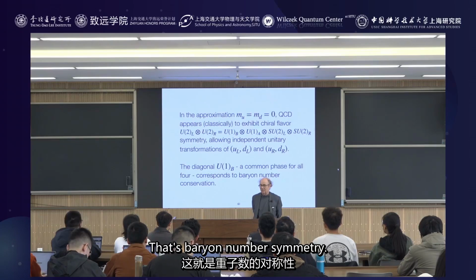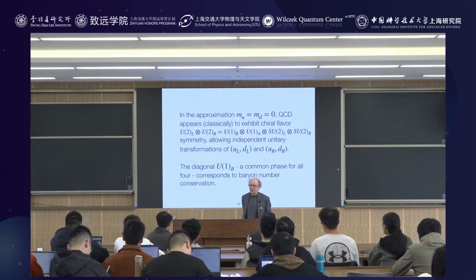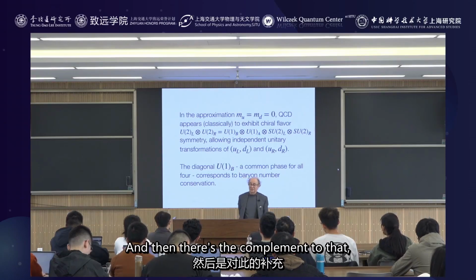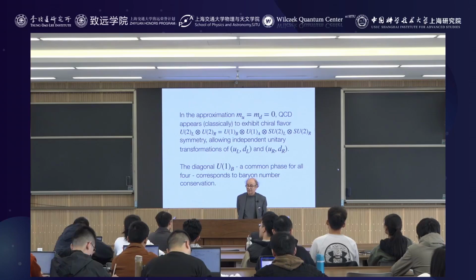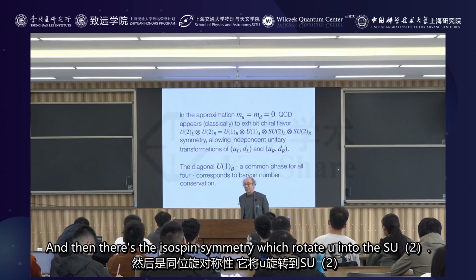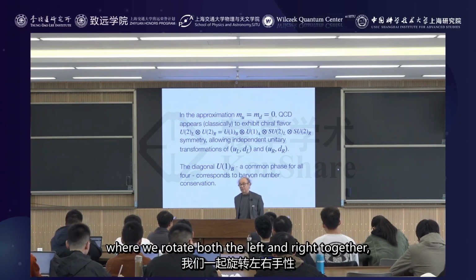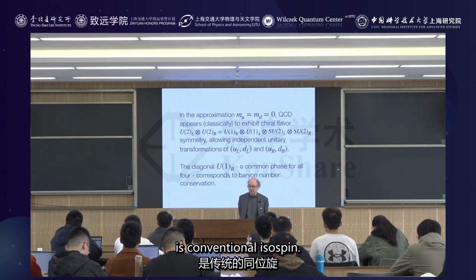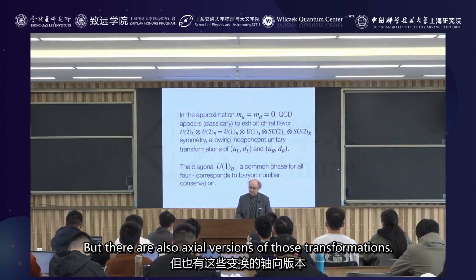That's baryon number symmetry. We take the symmetry which rotates both left and right quarks in the same sense. And then there's the complement to that, U(1)_A, which rotates left and the opposite way to the right for both flavors. And then there's the isospin symmetries, which rotate u into d, SU(2). The vector version of that, where we rotate both the left and right together, is conventional isospin, but there are also axial versions of those transformations.